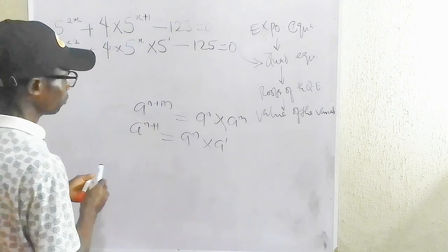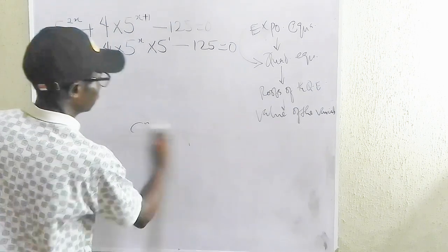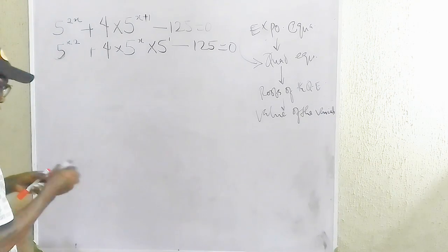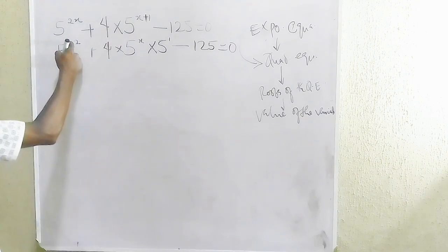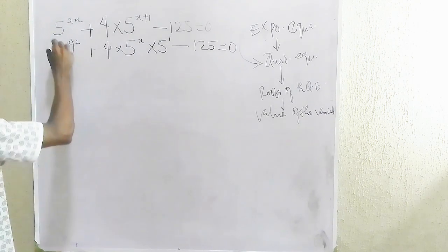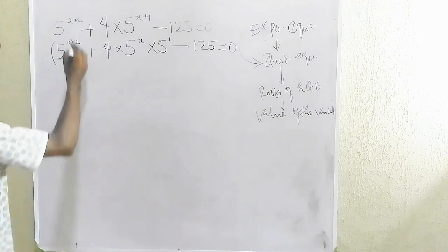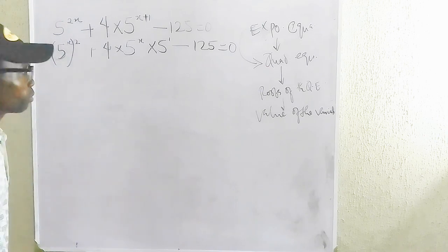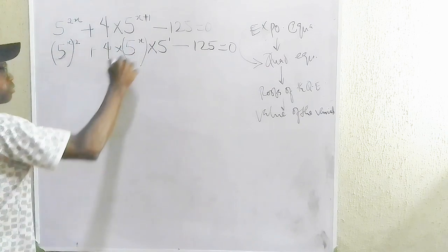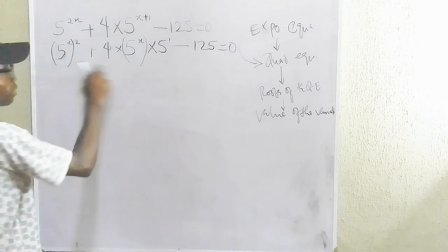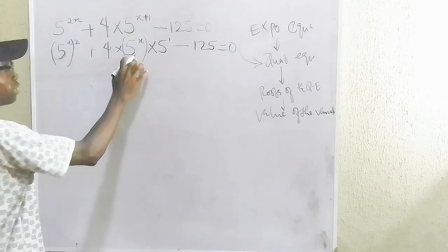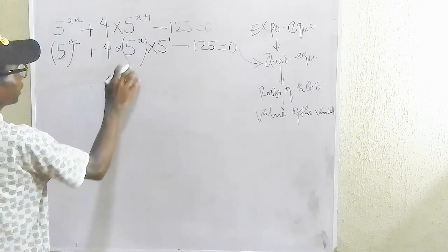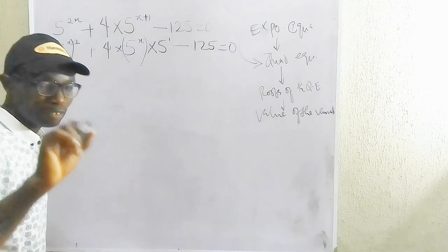So from here now we'll move on. Now, this is a times. We can introduce the brackets here, because brackets sometimes are used to represent times. Since this and this are not looking alike, we can use a particular alphabet.